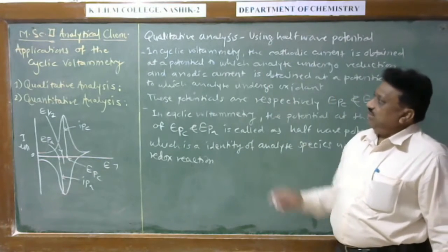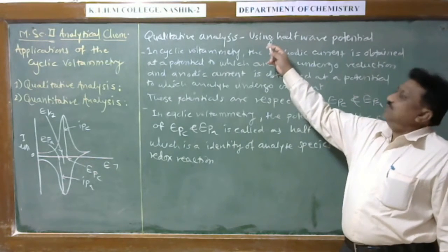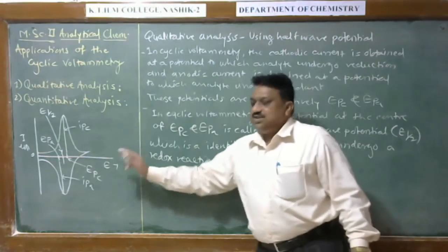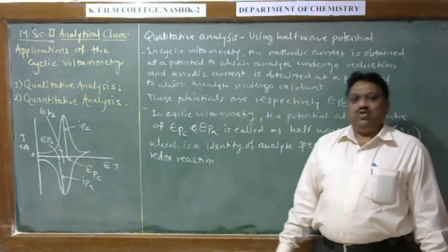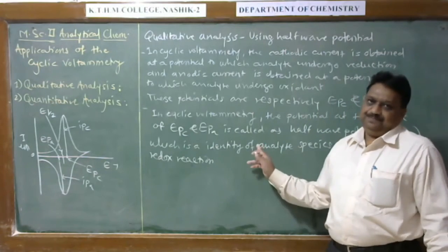Therefore, in cyclic voltammetry, qualitative analysis or identification of analyte species is done on the basis of half-wave potential, determined using the anodic peak potential and cathodic peak potential in this way.